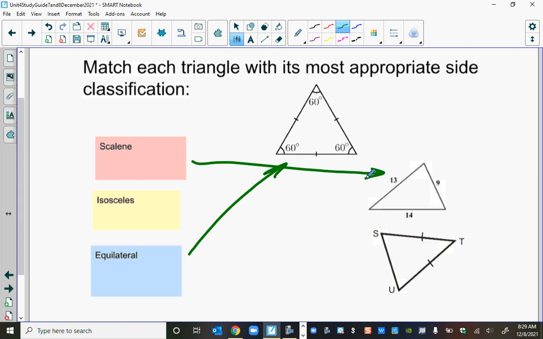All the sides are different, and then that one has to be isosceles, the last guy, because two sides are equal. Isosceles. Okay, questions? And again, they're going to mark with those slash marks which sides are congruent. Okay, questions before we go?